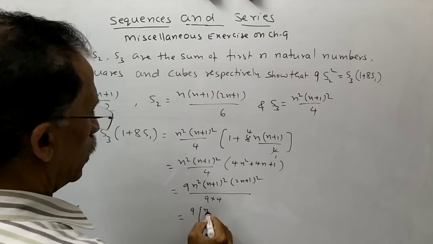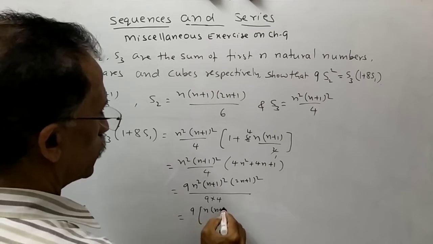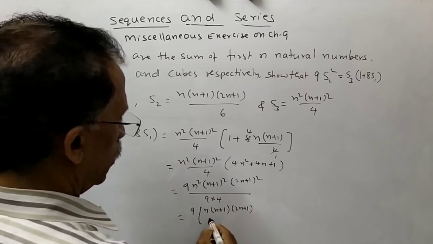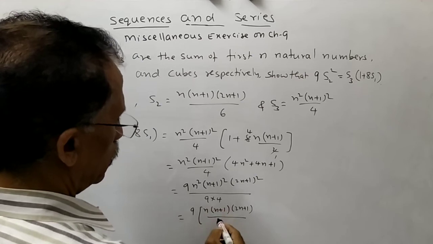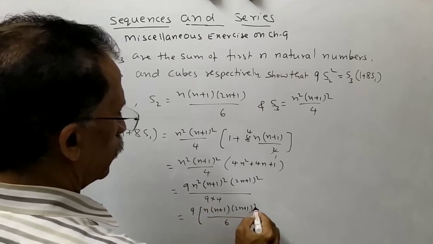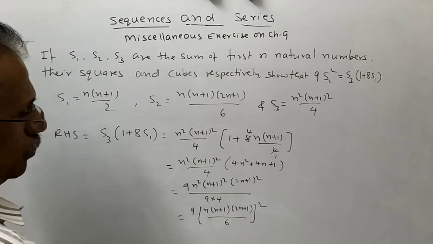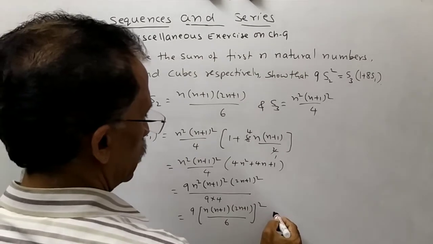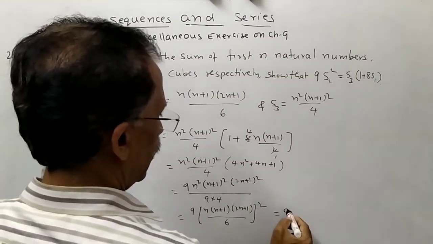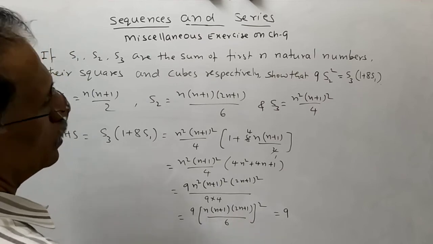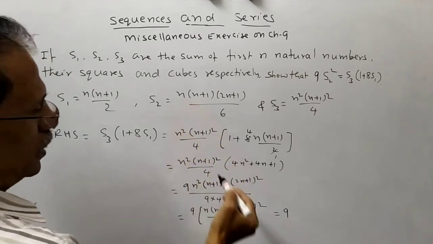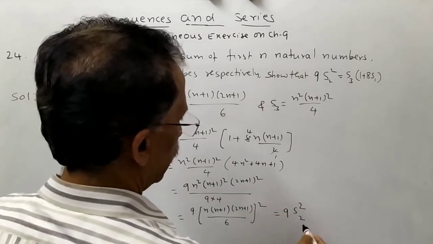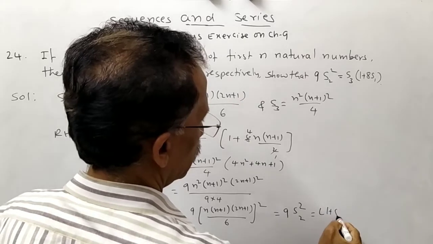Then let us write n into n plus 1 into 2n plus 1 divided by 6 whole square, because 6 square is equal to 36. We can get this is nothing but 9. What about this bracket term? There is S2. So S2 square is equal to LHS.